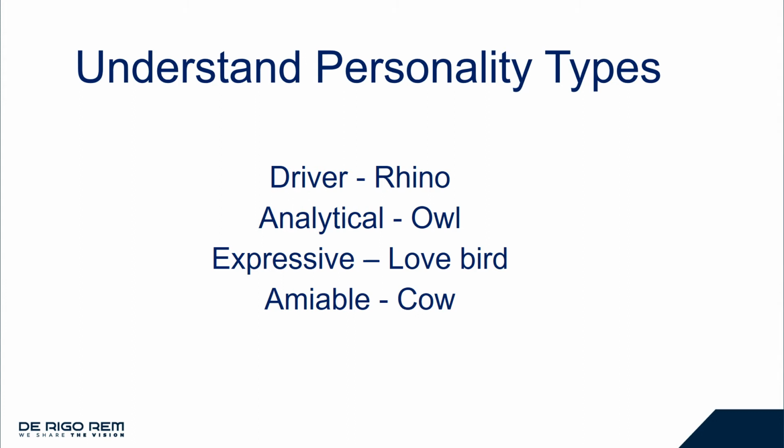The expressive personality can be identified with the lovebird, and the amiable personality can also be identified with a cow. So it really doesn't matter what name you put behind a description of a personality. I think it's important to understand what defines a specific personality type. And to do so, let's dig a little bit deeper into this concept.